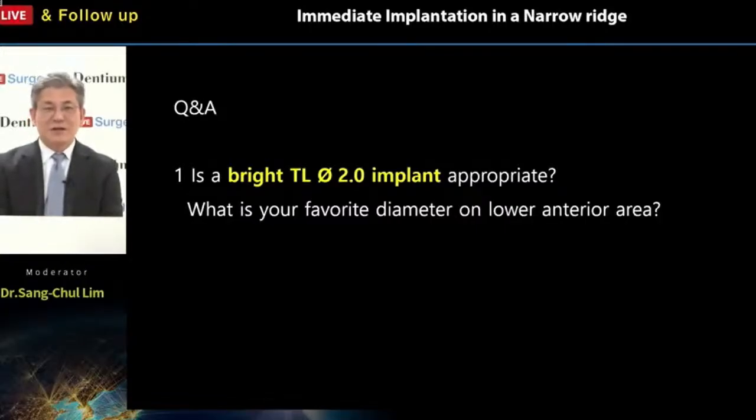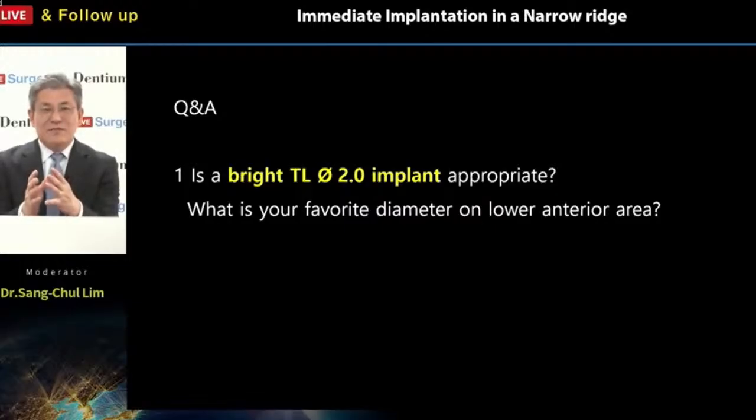socket area. Some doctors want a little bit bigger diameter with the GBR procedure or some bone grafting procedure. However, in the lower anterior area, it is not enough to have a wide diameter like 3.0, 3.5.